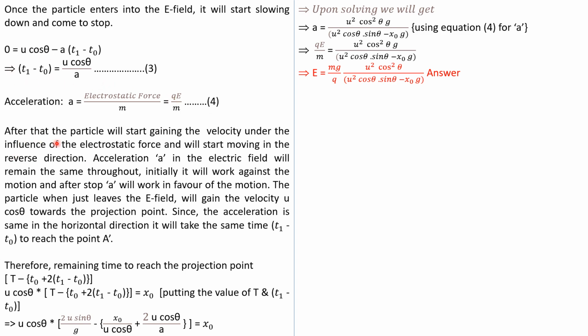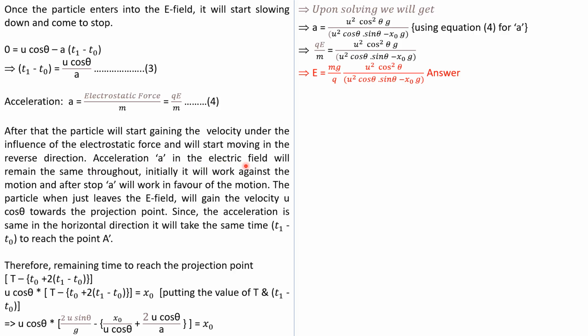After that, the particle will start gaining the velocity. Means the particle first comes to a stop, and then it will start gaining the velocity because the direction of motion of the particle reverses from there, under the influence of the electrostatic force, and will start moving in the reverse direction.